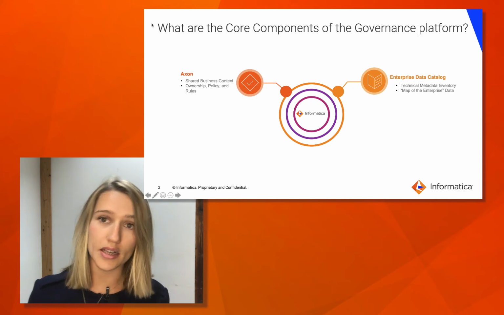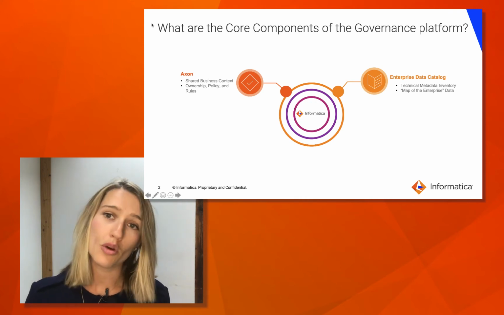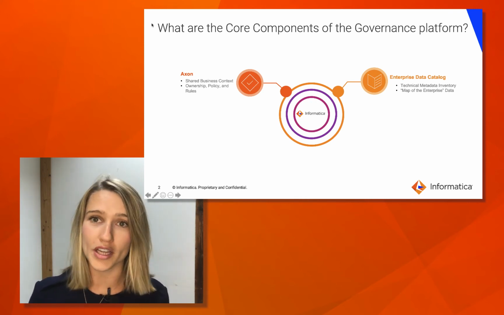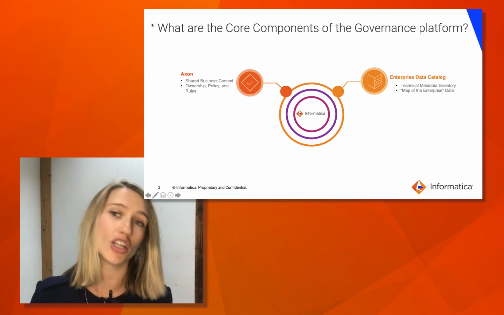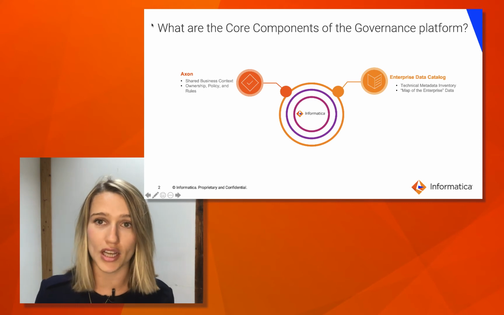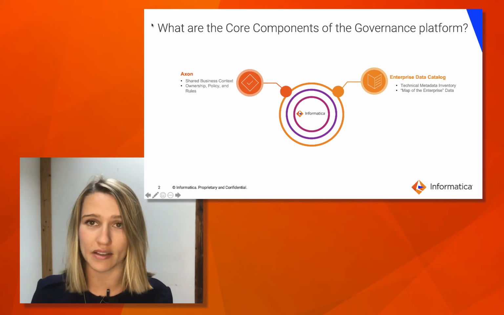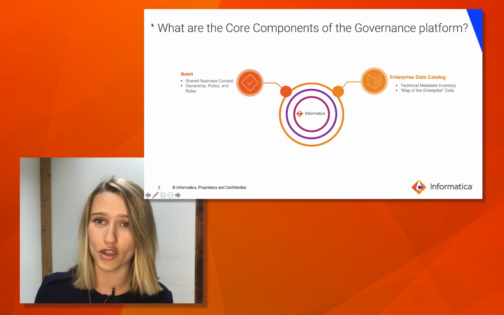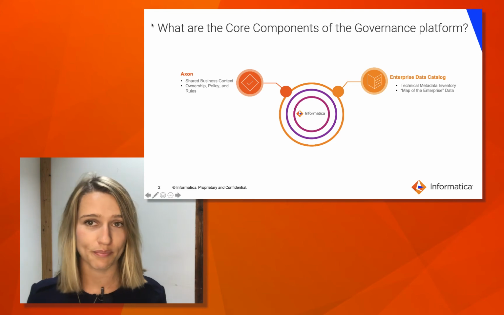EDC can scan and understand what's in your different systems through a series of algorithms and matching techniques which will help you to know what is in all of these different databases. It then can pass that information, lineage information, and system and attribute information into Axon. Axon can pass definitions back into EDC. So we're syncing up from both sides with the business metadata and the technical metadata.